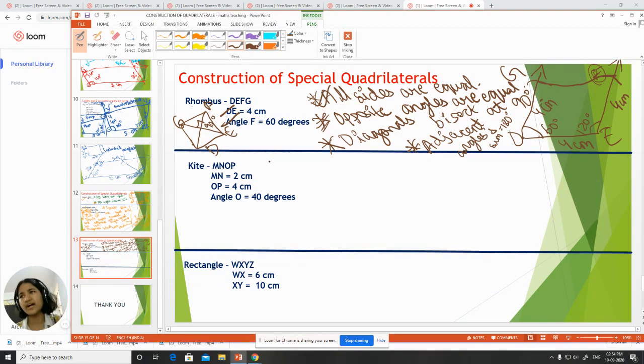What are the properties of a kite? We have to recall them. What is the first property of a kite? It's very simple. The adjacent sides are equal and the opposite angles are equal.